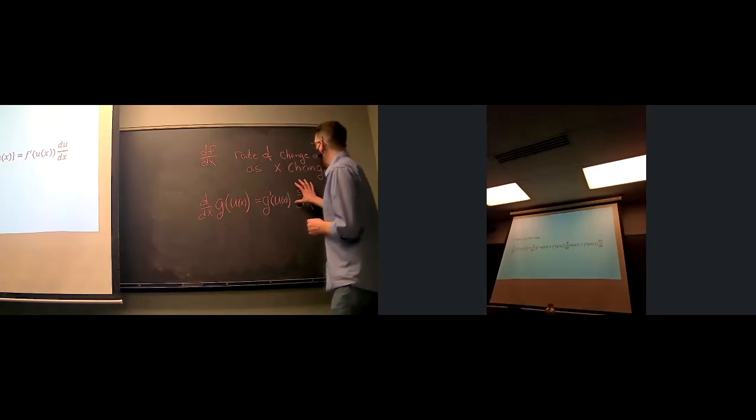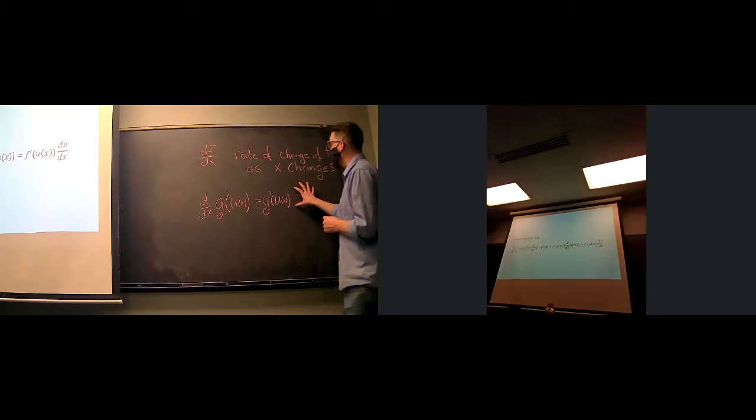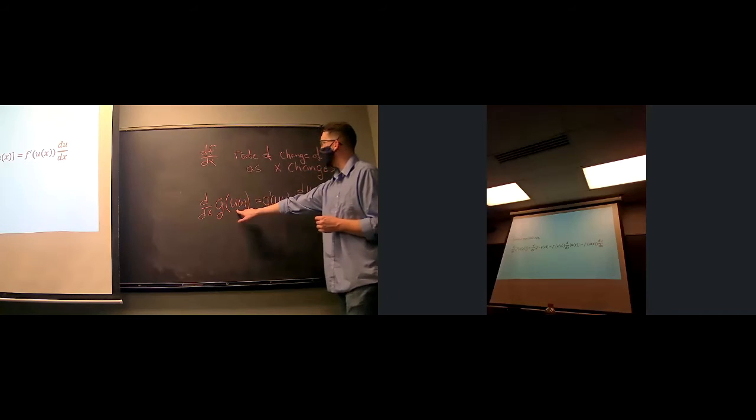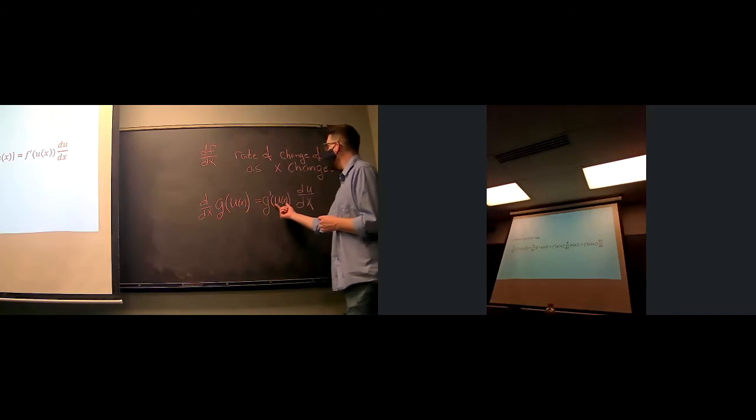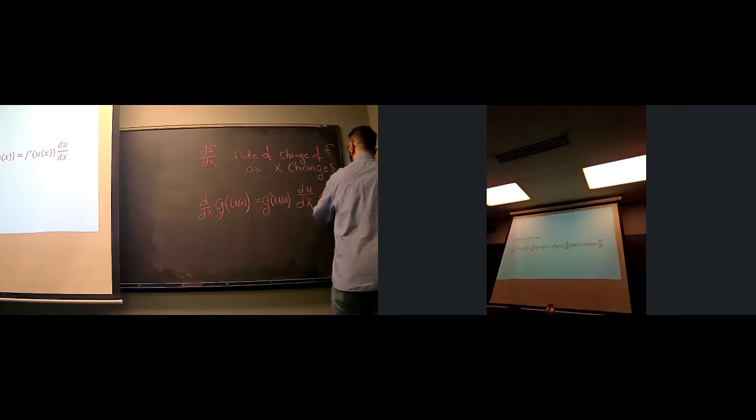Make sense what I mean? So what u substitution is doing is saying, hey, if that's the case, then to get back to where we're originally going, I can kind of think of this interior function as a constant, so long as I can rewrite our differential dx in terms of du.